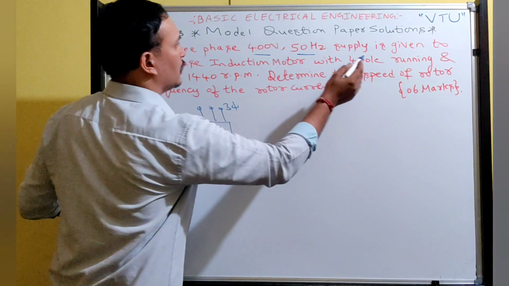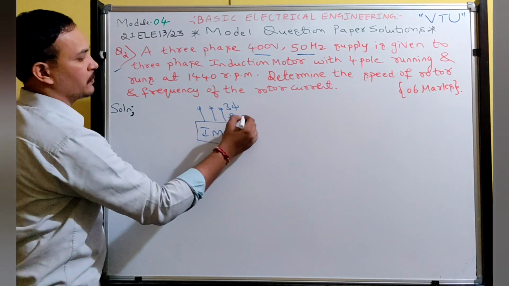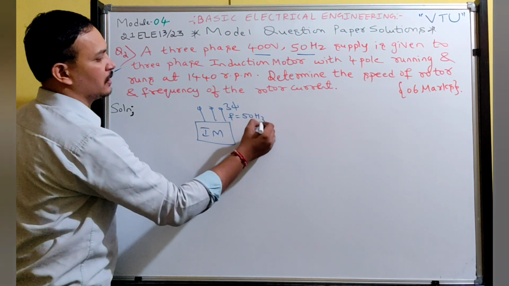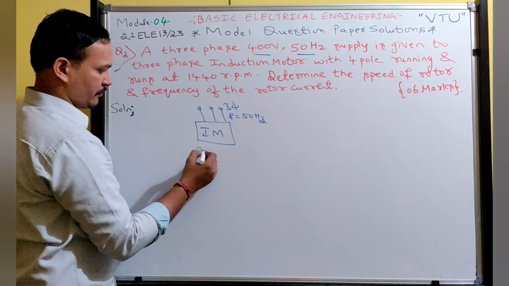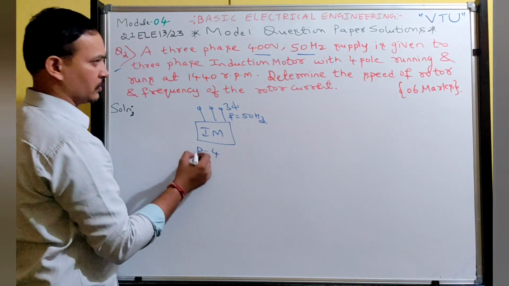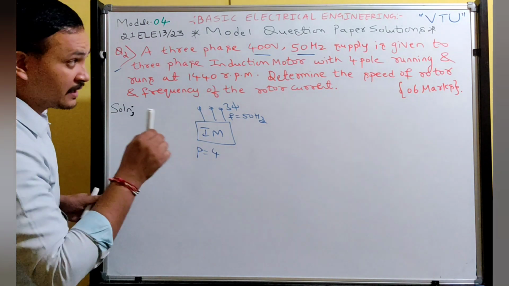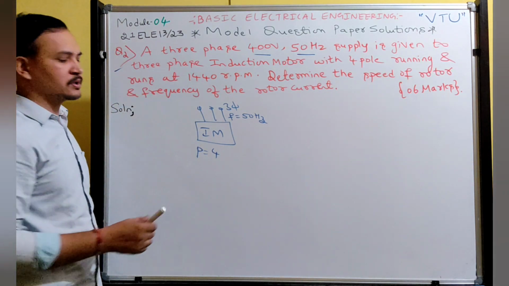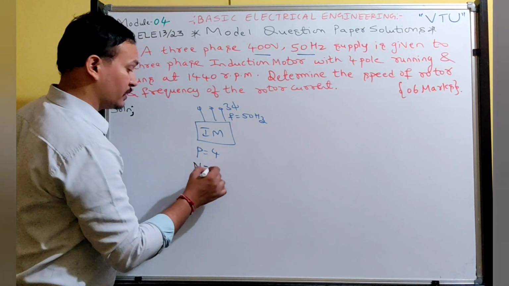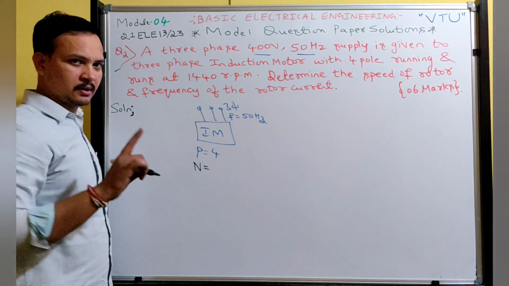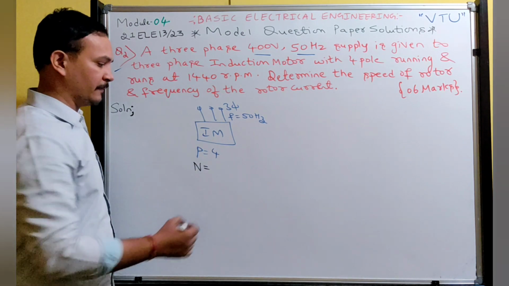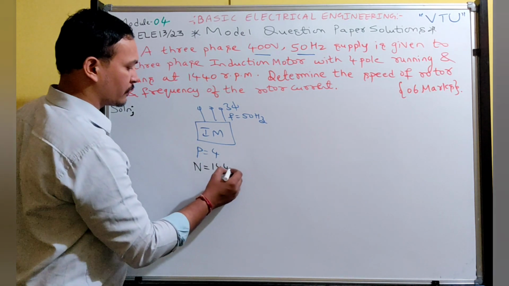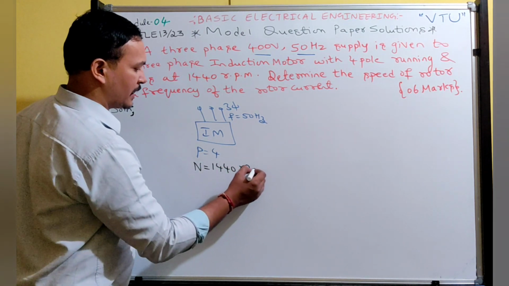What is the frequency of that supply? 50 Hz. With 4 poles. Number of poles is 4 poles. With 4 poles running and runs at 1440 RPM. See, runs means, in an induction motor, runs at means running at, that is the speed of the rotor only. So 1440 RPM.